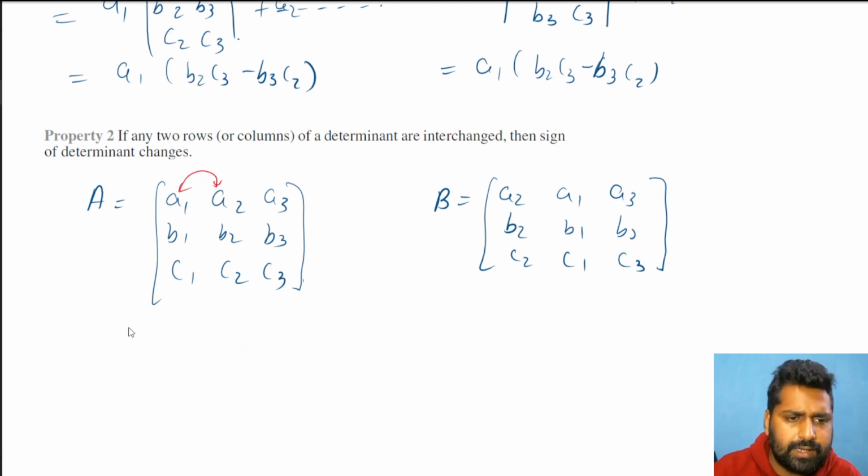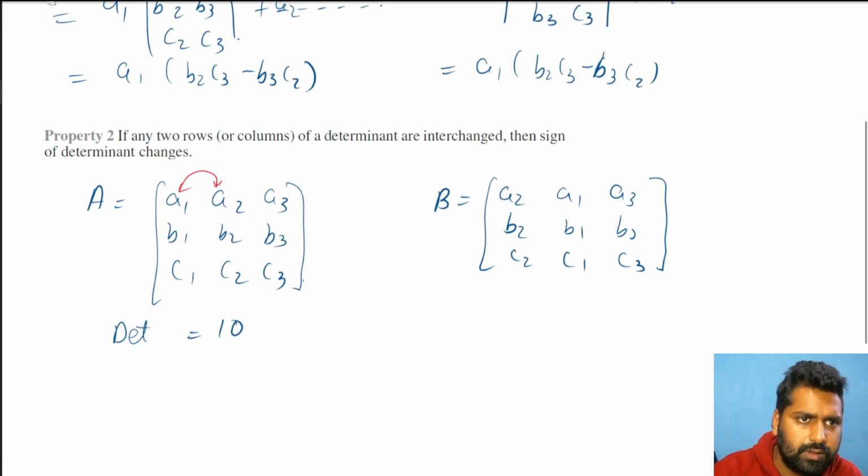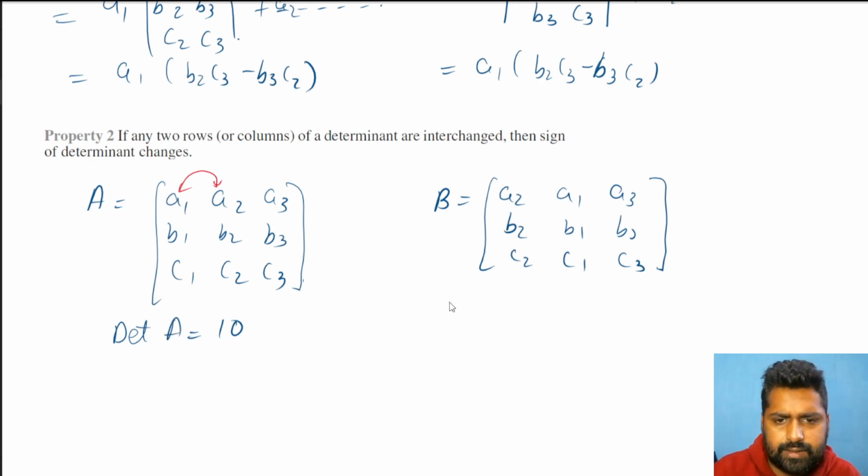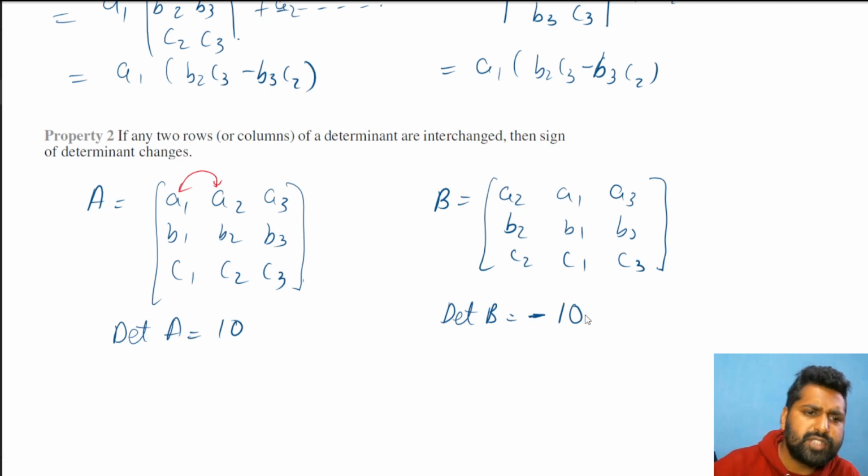Let's say the determinant of this matrix A was coming 10. Since only two rows or two columns are being interchanged here, you will get the same answer, except that because of changing the rows and columns, the sign of the determinant changes.